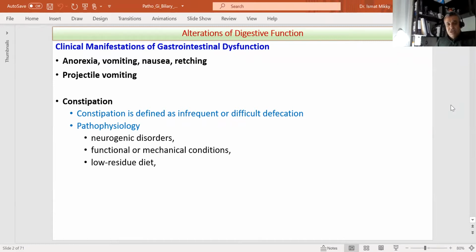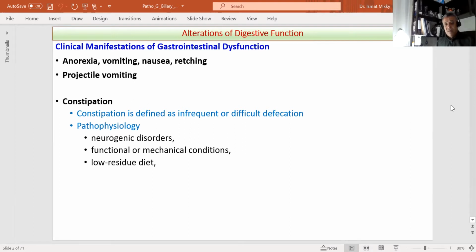The GI, gastrointestinal, and the biliary and pancreas problems or dysfunctions share some manifestations. These include anorexia, vomiting, nausea, retching, projectile vomiting, constipation, and diarrhea. Retching is non-productive vomiting.